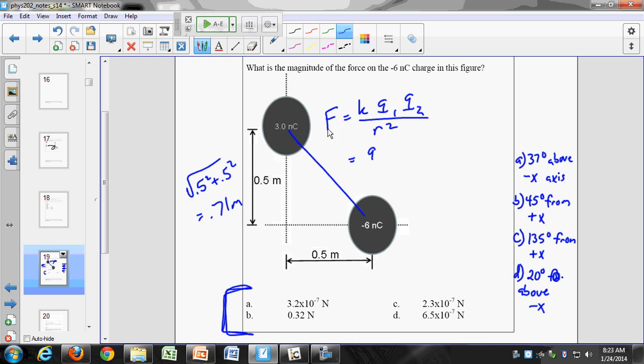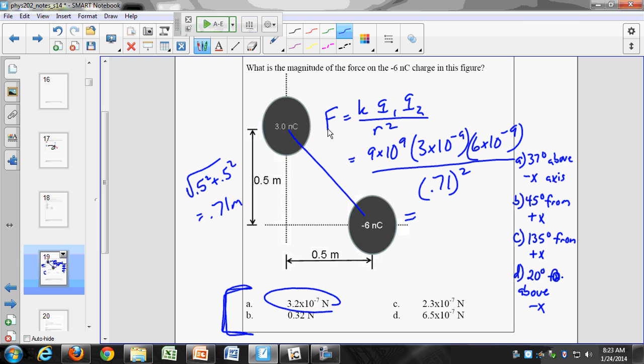So that's 9 times 10 to the 9th times 3 times 10 to the minus 9 times 6 times 10 to the minus 9 over 0.71 squared. Of course, 0.71 squared is 0.5, right? And so that's equal to this answer, 3.2 times 10 to the minus 7.